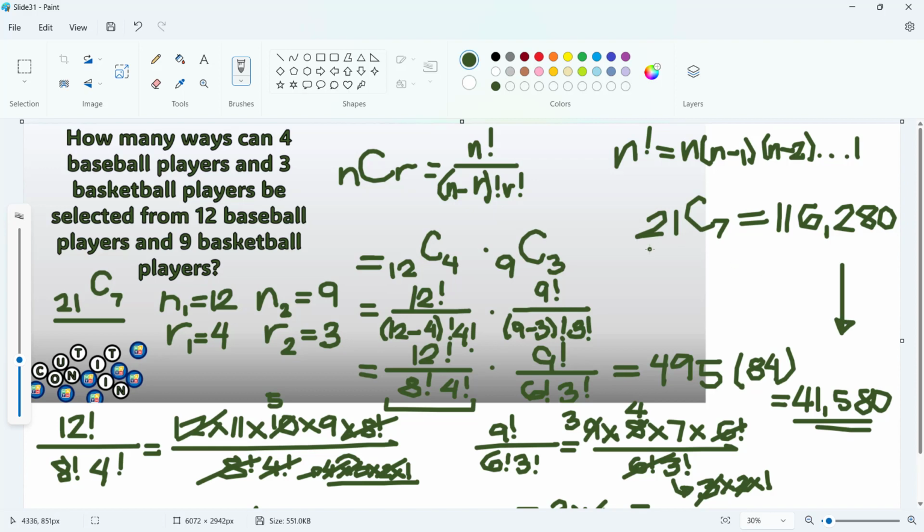Because for 21 taken 7, it is possible to select 7 basketball players with 0 baseball players or 7 baseball players with 0 basketball players. But this time, it's specified to have 4 baseball and 3 basketball players. It's very long because this time you are having combinations with groupings.